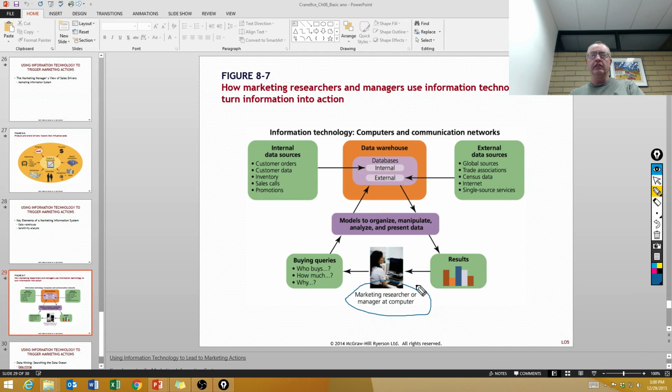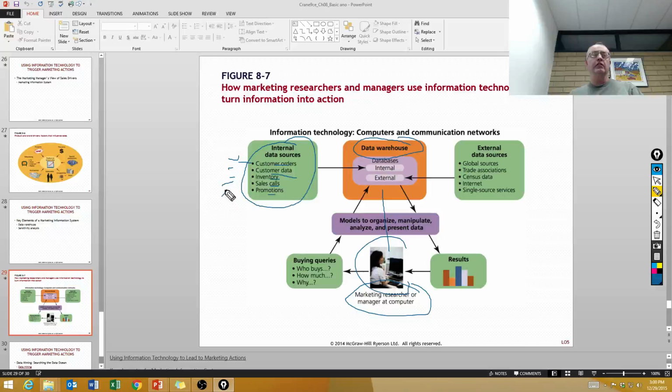marketer research down here that has a computer that ties into a data warehouse, and the data warehouse links databases either containing information from internal data sources. So we have the vendor, they sell products to the customer, so they have electronic information about customer orders, customer data, inventory levels, sales calls, promotions, all that kind of stuff.